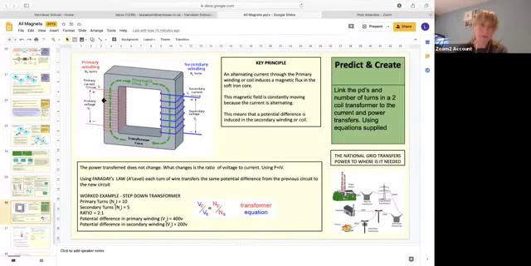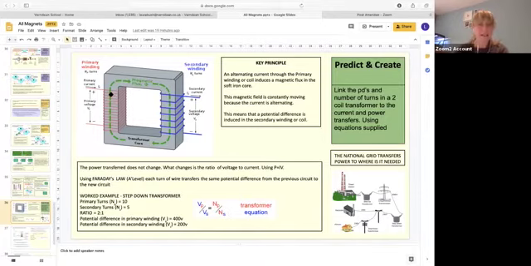So coming through here, at this point, I've got a primary current here. So let's work through this. I've got a worked example here of a step-down transformer, which is what this is. We can tell that because there's more here and there's fewer here.